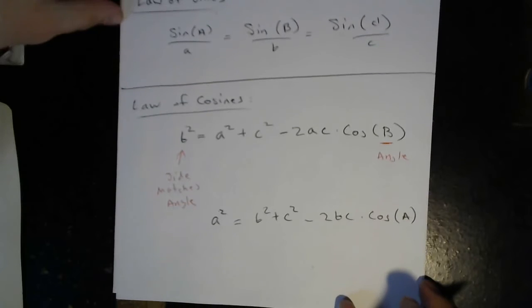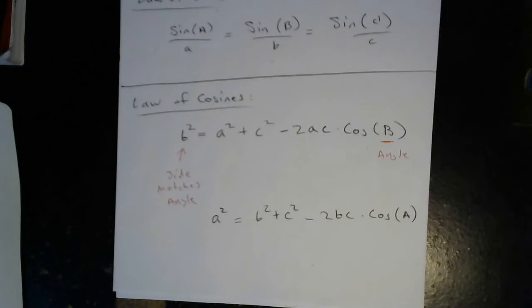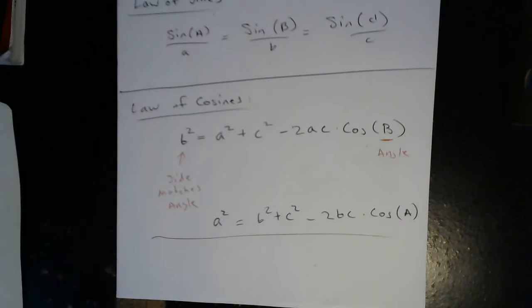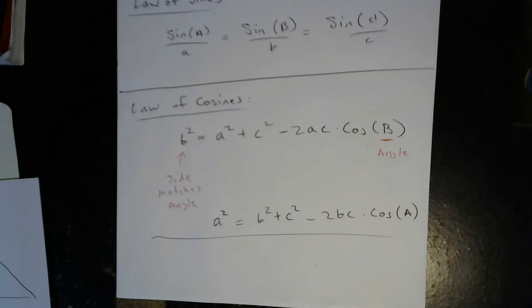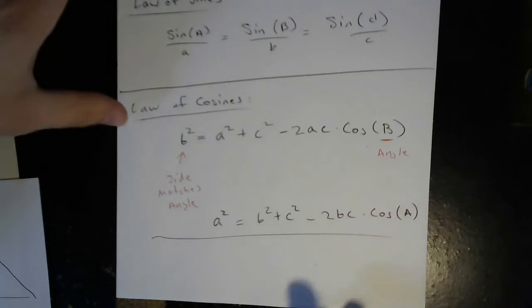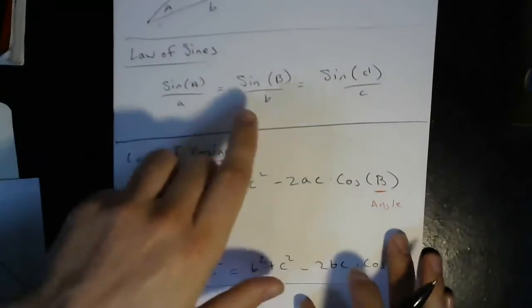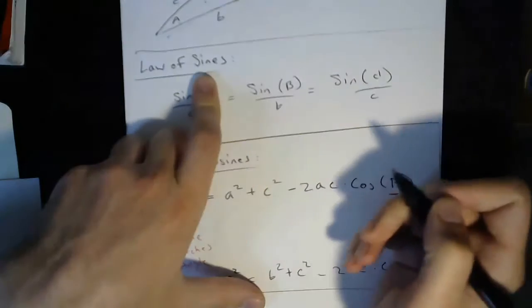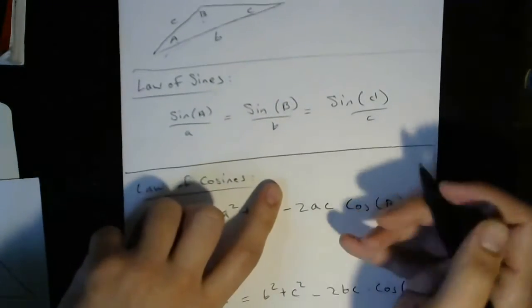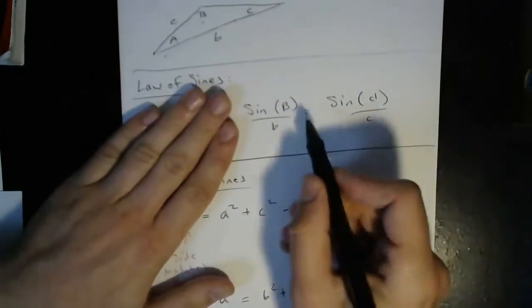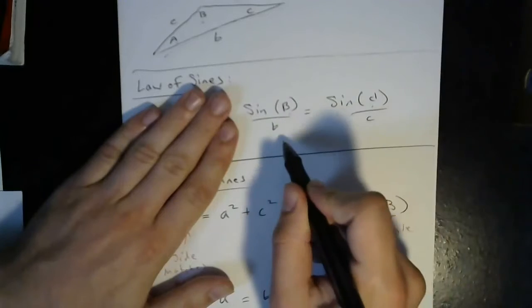So we have these two laws, and we want to know which one to use. How do we decide which law to use? The key thing to note here is that to use the law of sines, you need two sides. So it involves two angles and two sides.